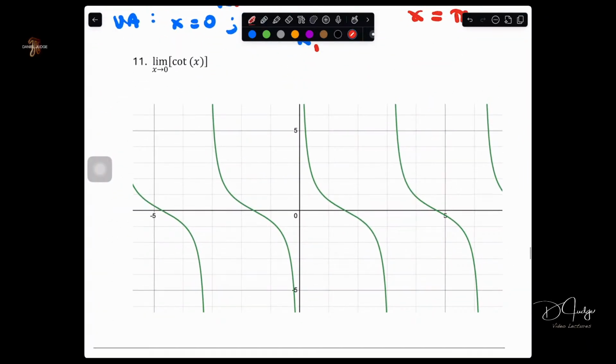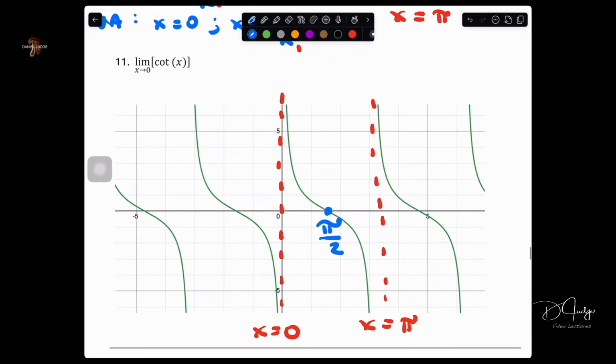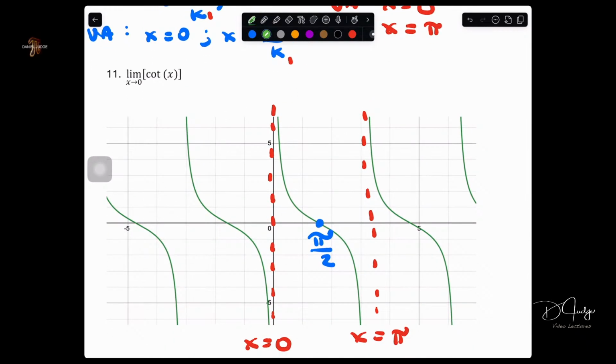So what I suggest to people is this: go back and remember your graphing skills for cotangent. Halfway between that 0 and pi, your vertical asymptotes, is pi over 2. I also remind people that when you graph cotangent, the curve here in green, this one cycle, is negative x cubed.